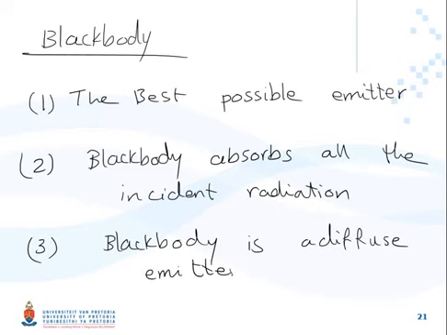What does it mean? It means that it is independent of direction. These three terms imply that reflectivity and transmissivity for a blackbody are 0. Later in this chapter we speak about it, but have it for now that for a blackbody both reflectivity and transmissivity are 0.